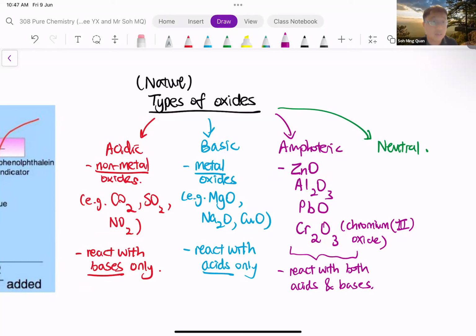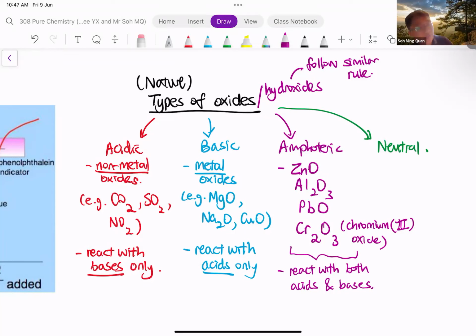Zinc hydroxide can dissolve in excess NaOH because it reacts with NaOH. And that brings us to the idea, it's not just oxides, right? Hydroxides also follow a similar rule. Okay? So the hydroxides can also be described as amphoteric. So zinc hydroxide is amphoteric, aluminium hydroxide also amphoteric.